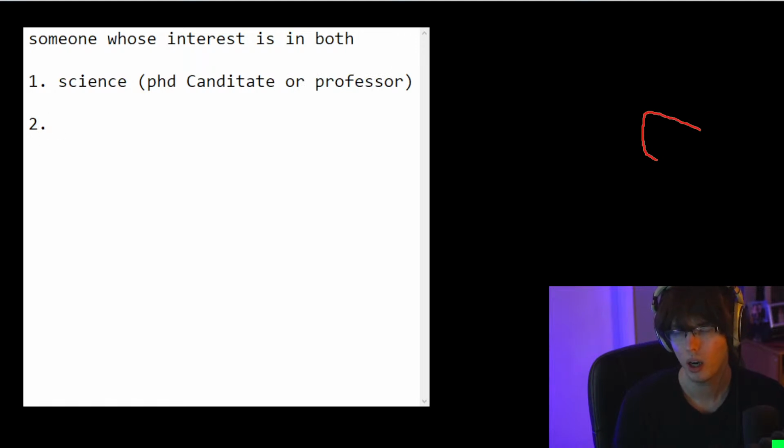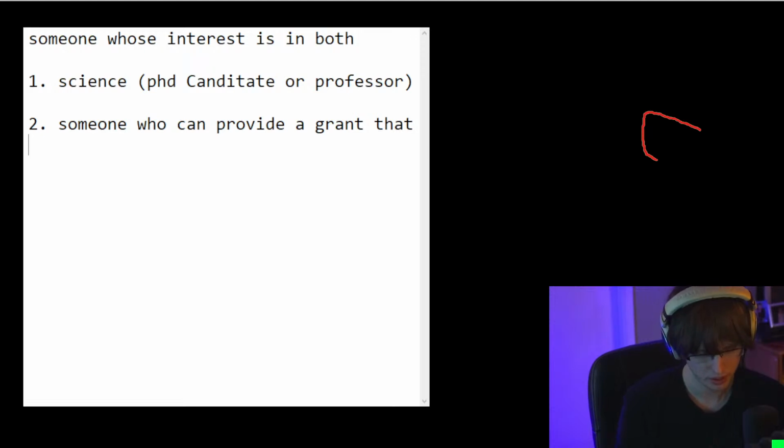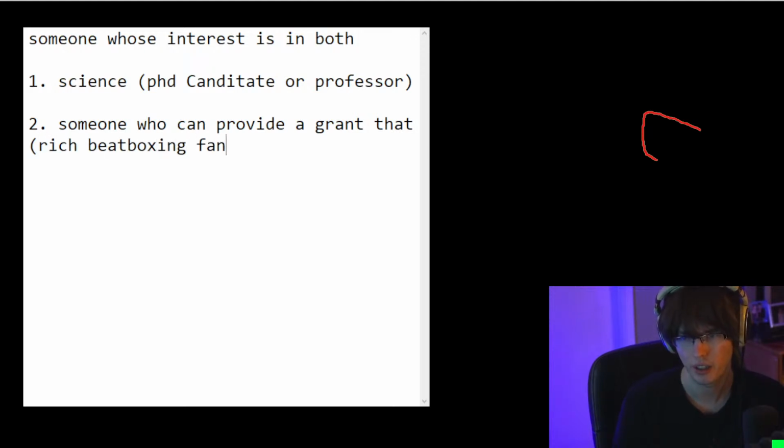Two, someone who can provide a grant. So a rich beatboxing fan. And then three, I don't think there's three. I think that's the only thing that needs to coincide.